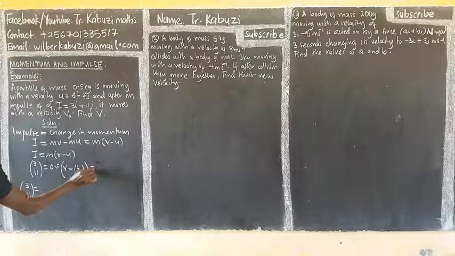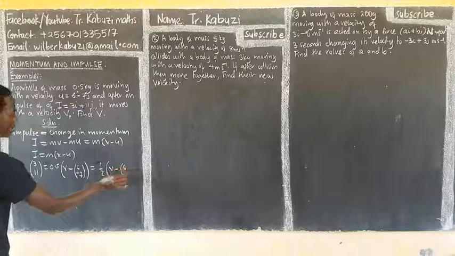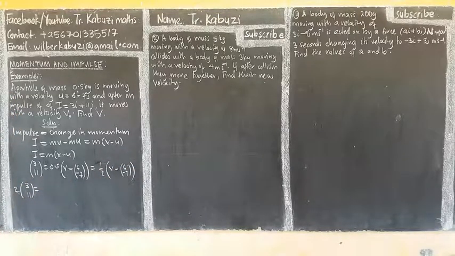This is the same as a half into (v minus 6, −7), so we are left with 2 times the impulse equal to v minus (6, −7).